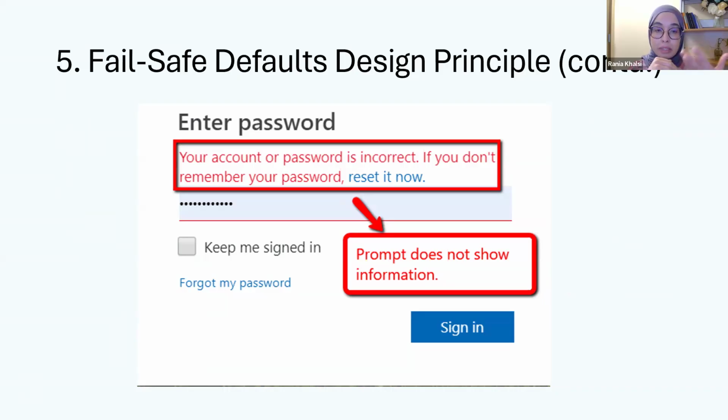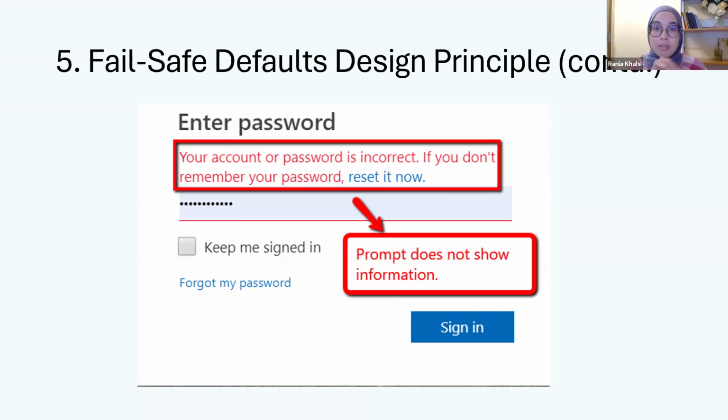The system responds with a generic error message, like you see here: your account or password is incorrect. This prompt does not tell the user whether the username or the password was wrong, so it does not reveal any internal system details.